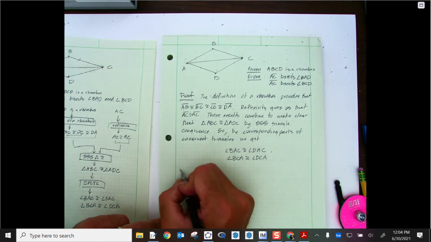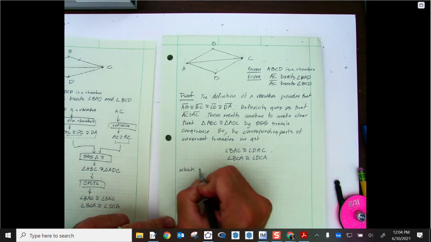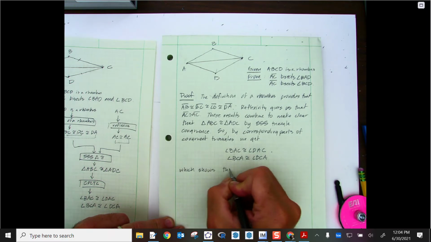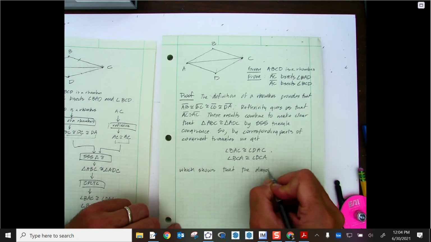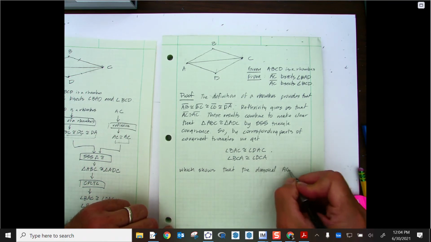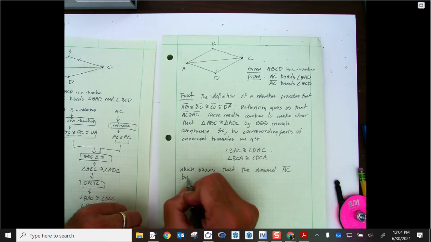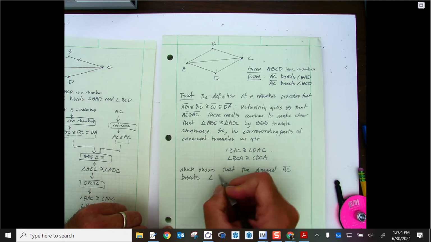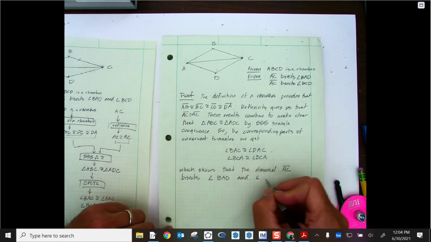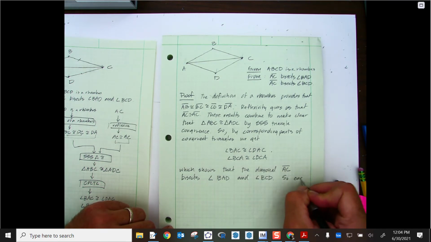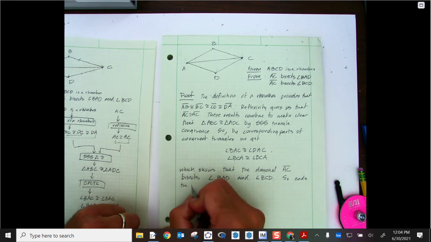And then maybe we should say which shows that the diagonal AC bisects angle BAD and angle BCD. So ends the proof.